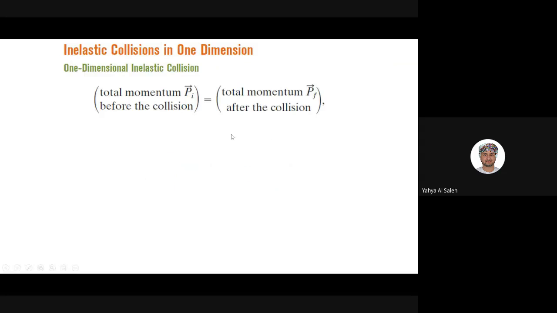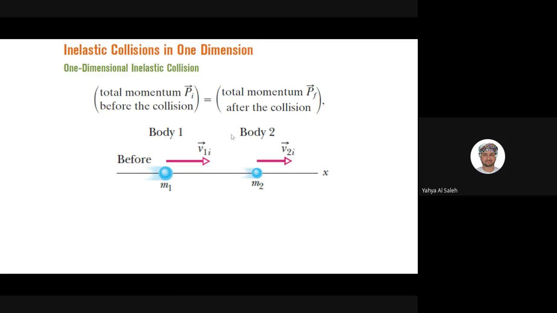We agree that total momentum is conserved, so Pi equals Pf. We have one body hitting the other body. Body 1 has mass 1 and velocity 1. Body 2 has mass 2 and velocity 2. What happens when they hit each other?